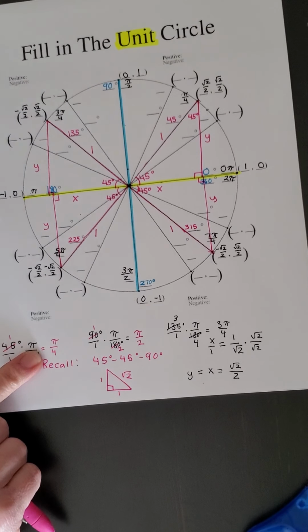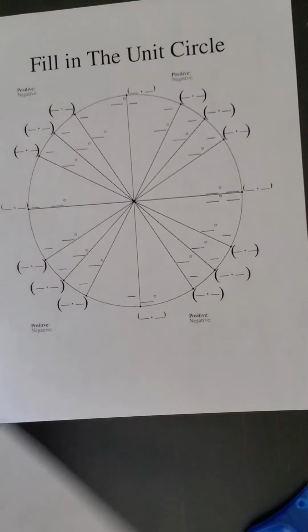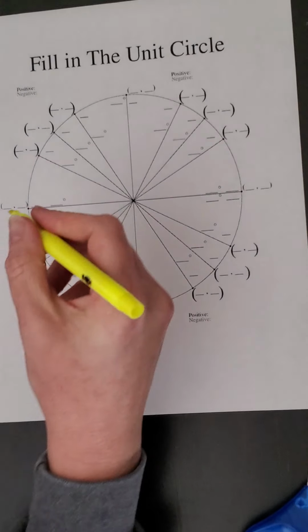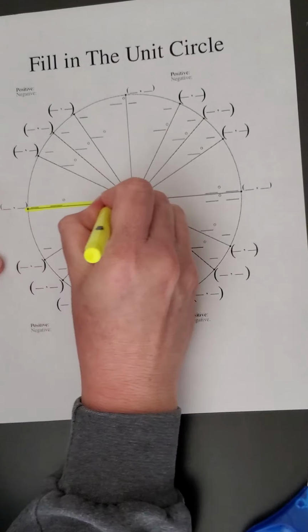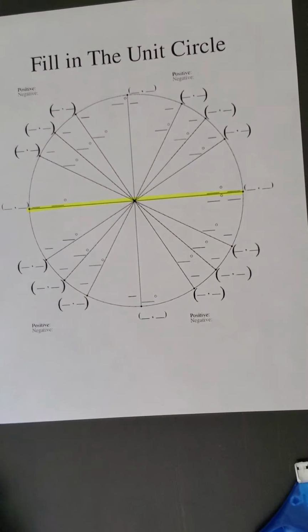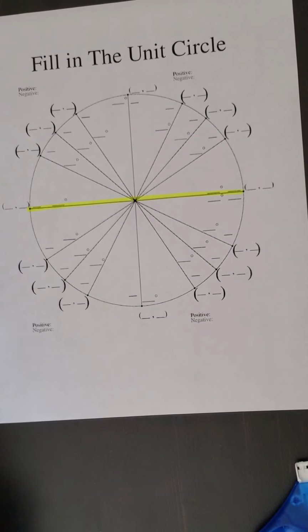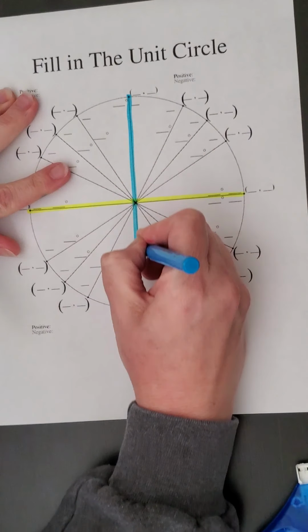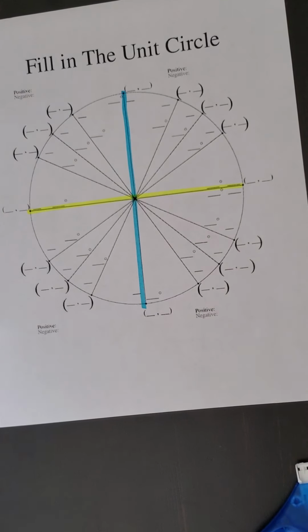And I actually thought ahead and printed out a second unit circle. And so again, I'm going to highlight my X and Y axis. Let me see if I can just do it without a ruler. I think I can manage. So there's my X axis. And there's my Y axis.